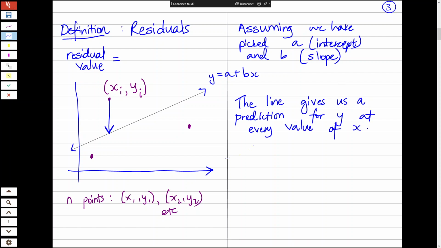Now, the actual value is the value of y at the coordinate. So I'm going to call that yi. So given any point, there's going to be a prediction for that x value and the actual y coordinate. So I'm going to call the actual value yi here.